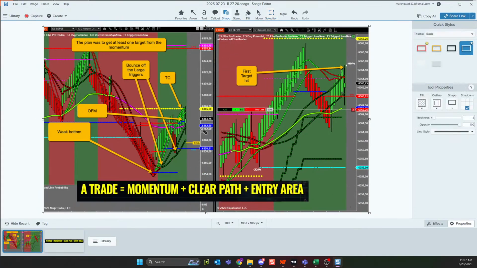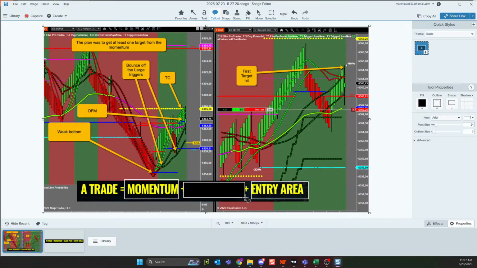So, Ollie, you had momentum. Guys, watch how easy this can be. You had an entry area. You did not have a clear path. So, Ollie, you're saying manage it. It's not perfect. Is that fair?